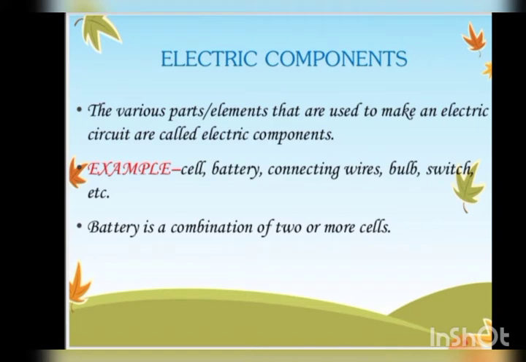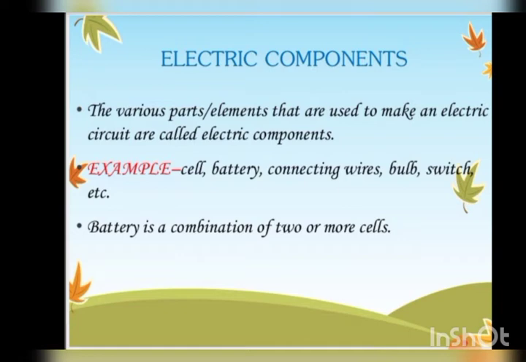Now, electric components: the various parts or the elements that are used to make an electric circuit are called electric components. For example, cell, battery, connecting wires, bulb, switch. Okay, these are some components by which we can complete a circuit. What is a battery?